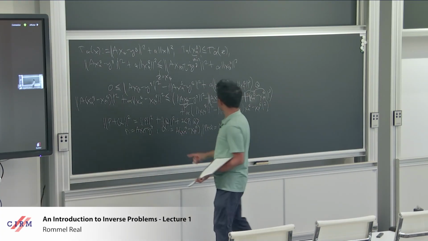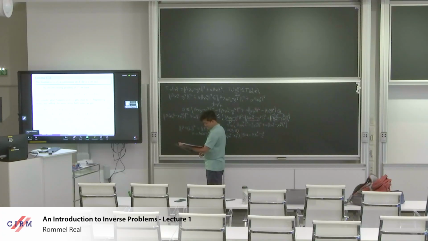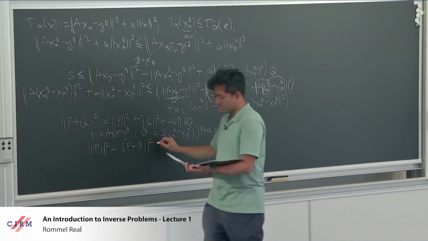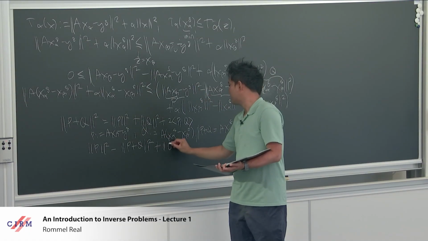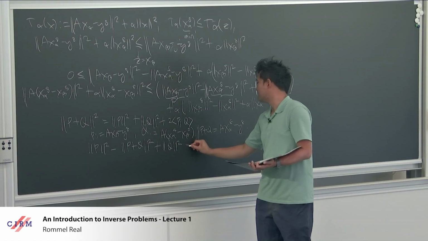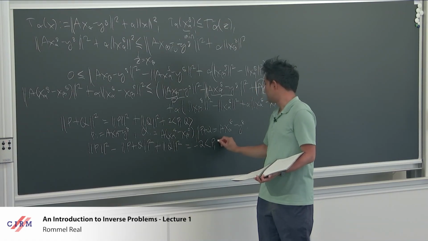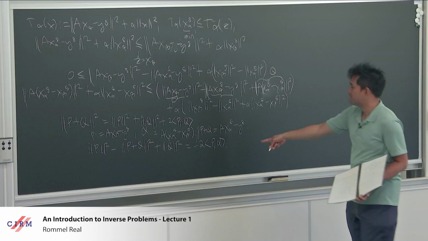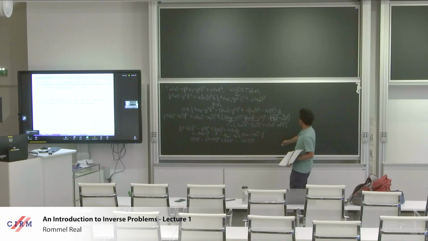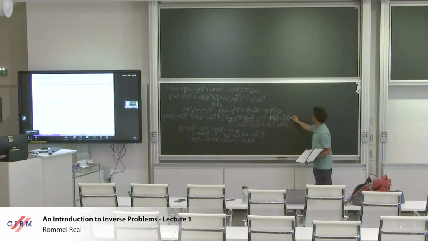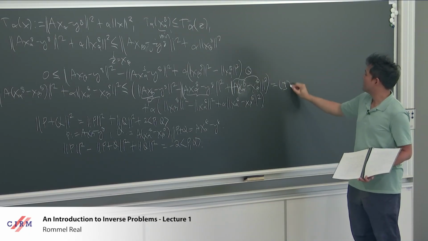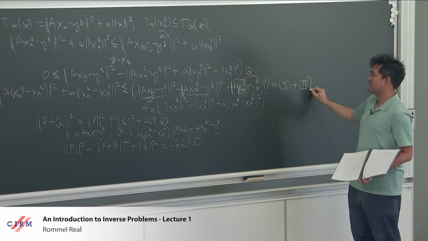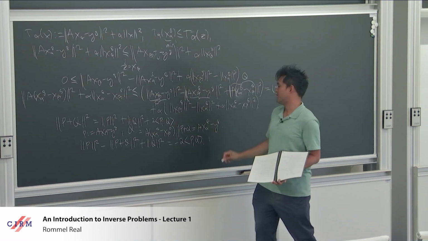So what you actually need to use here is the version that norm of p squared minus norm of p plus q squared plus norm of q squared equals minus 2 times the inner product of p and q. Okay? And also, on the second group here, in fact, we can rewrite this as 1 plus 2. It's two groups here. And so that's for the first group here.